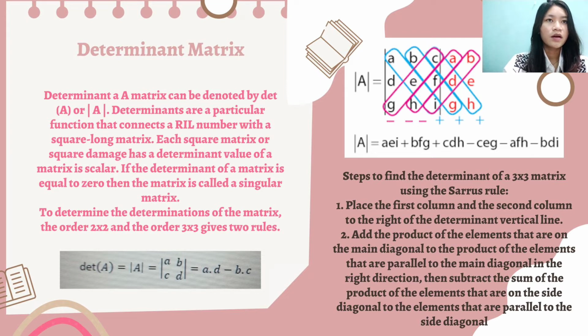Add the product of the elements on the main diagonal to the product of the elements that are parallel to the main diagonal in the right direction. Then subtract the sum of the products parallel to the side diagonal. Okay, this is the formula, for example.